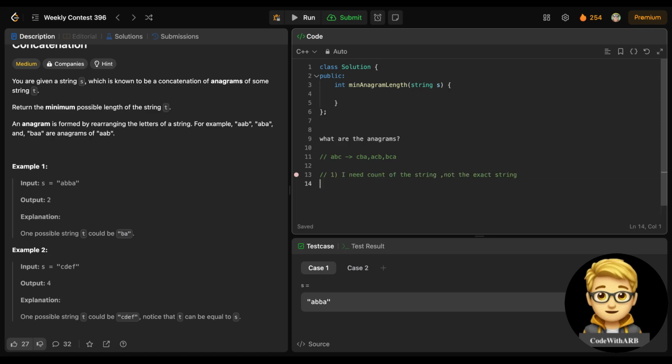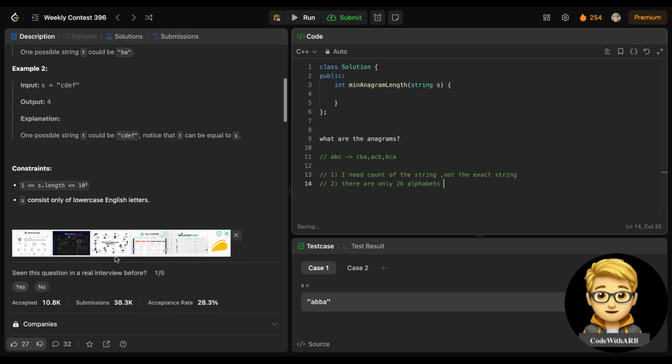The second thought that comes to my mind is how I will find the minimum length. I need to count the characters, and there are only 26 alphabets. If you see the constraints, they are 10 to the power 5.